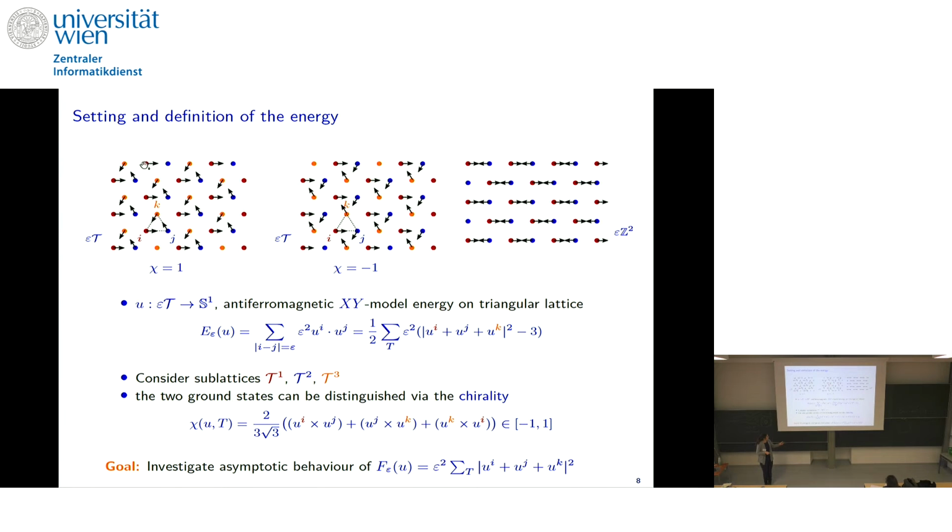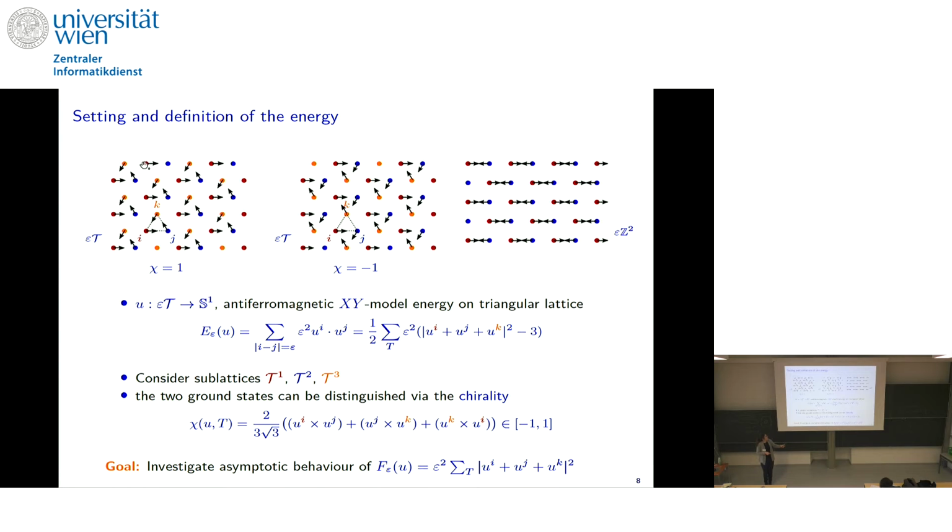And so now we have just found a new quantity. I told you if I'm interested in the asymptotic behavior of low energy states, I want to get compactness results on certain quantities depending on my spin field. So this is a quantity, and we will see that I can actually get a compactness result using the chirality.